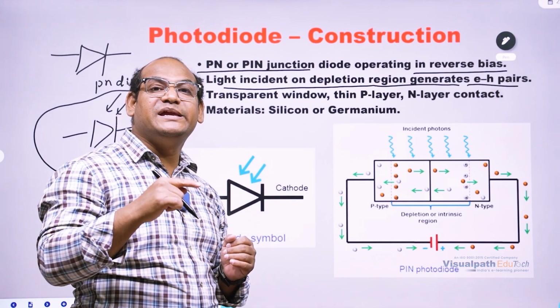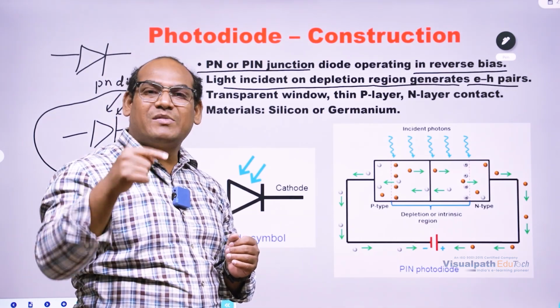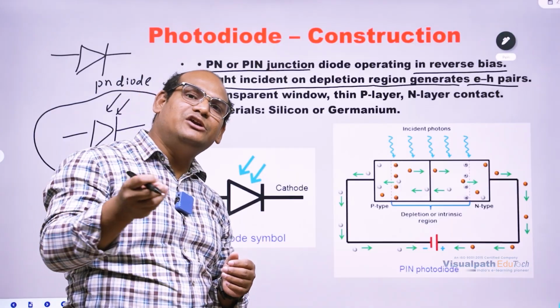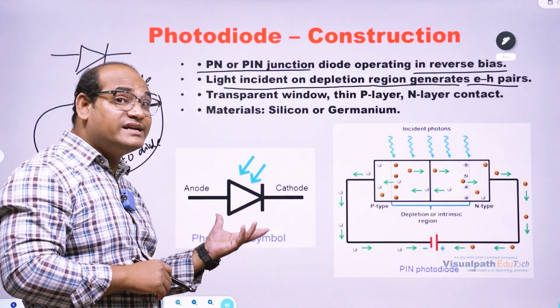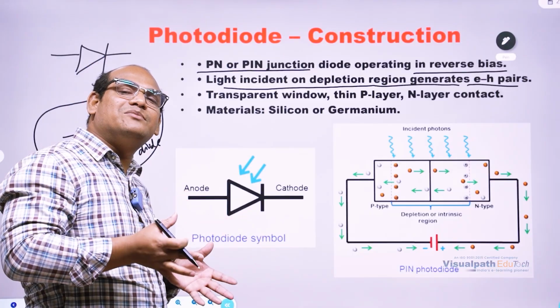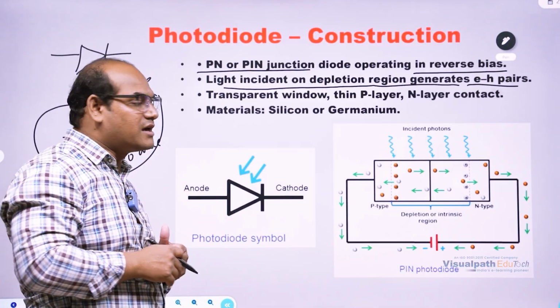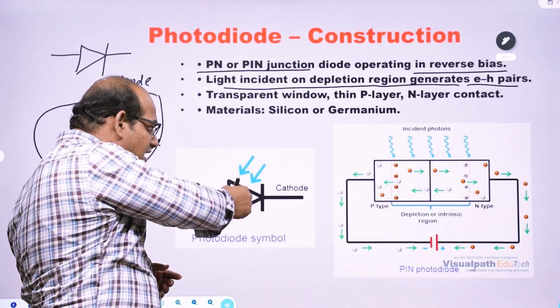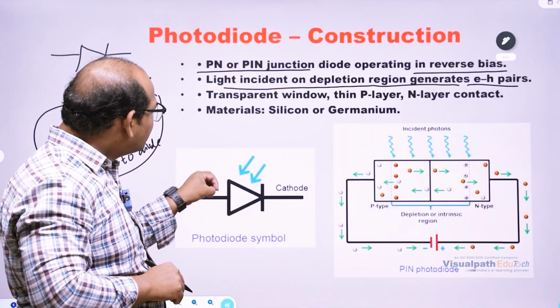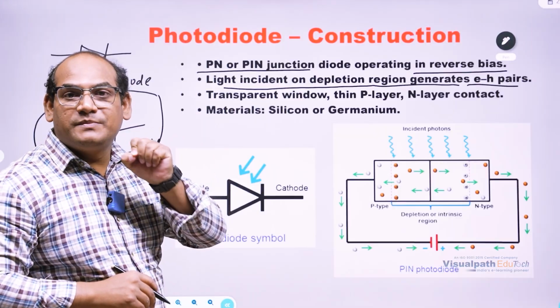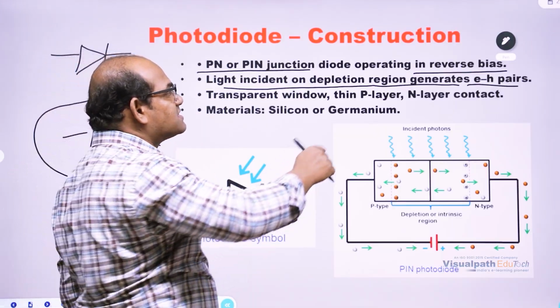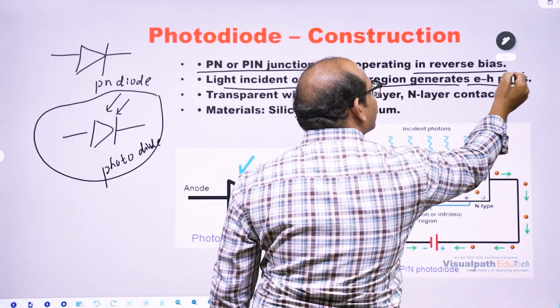So arrows should be indicated away from the diode. But in case of the photodiode, we need to incident the light on this diode structure, or on the depletion region created between the P-type layer and N-type layer. When the light is incident on the depletion region of the photodiode, then electron hole pairs will be created. It is generating the EH pairs.